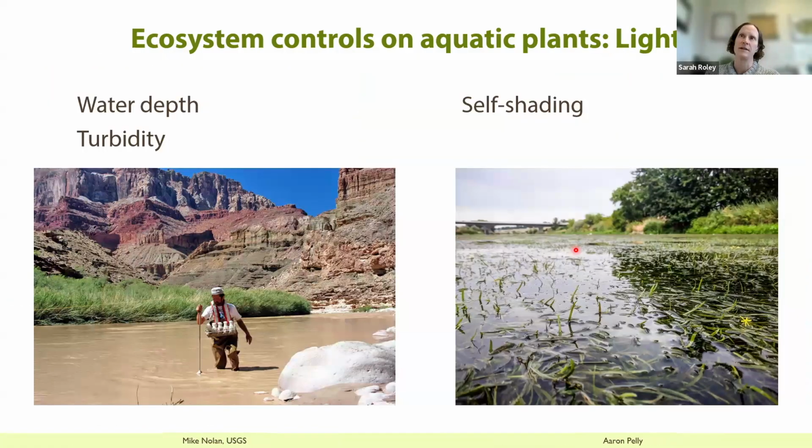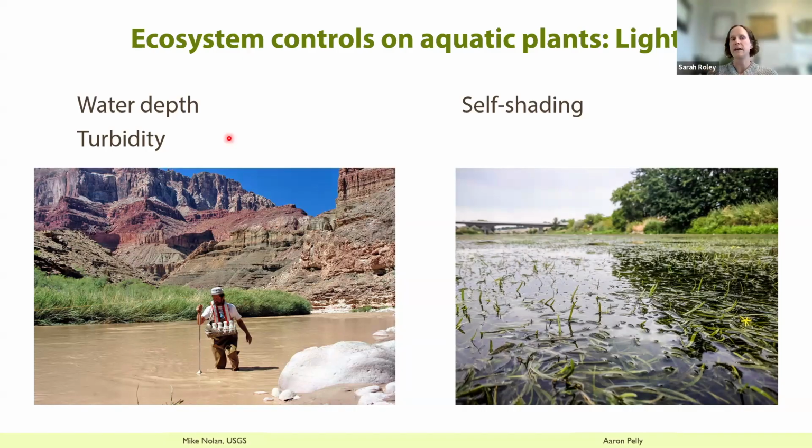Another big control on aquatic plants is light, and there are lots of things that can block light in aquatic ecosystems. This first picture is showing a very turbid system, one with lots of fine particles suspended in it, and that's going to block light. So it's going to be hard for plants to establish there because they need that light for photosynthesis. This is also true in deep waters.